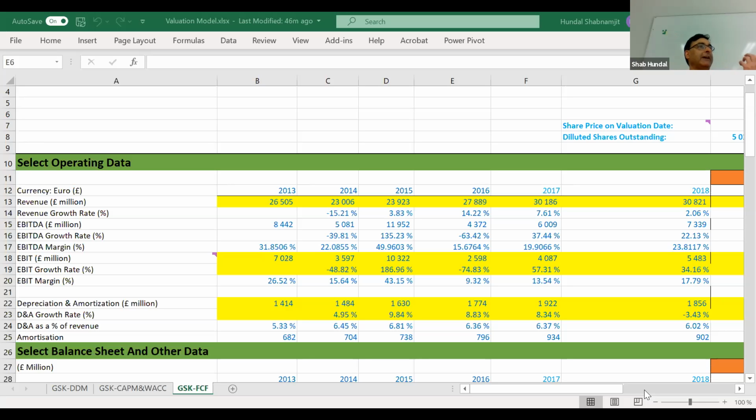I mean, you can evaluate a company with the accounting numbers, and you can also evaluate the company with the stock market data. So that would be quite useful. I try my best to make it as simple as possible.